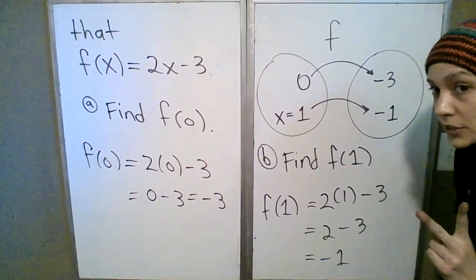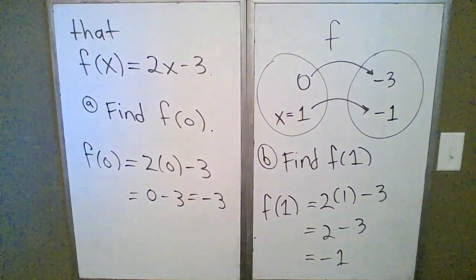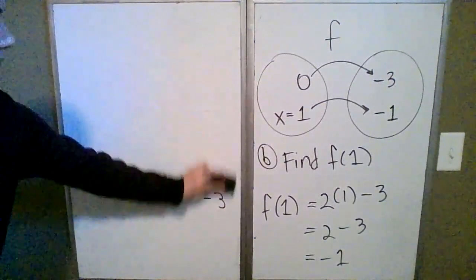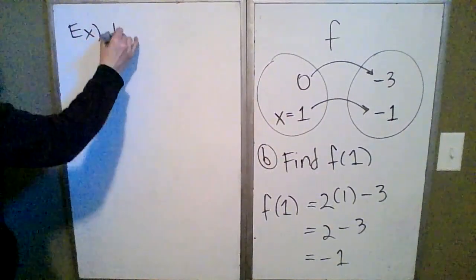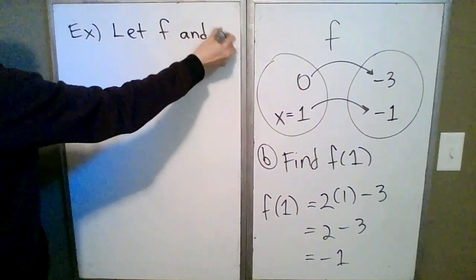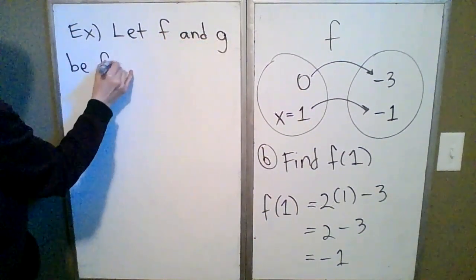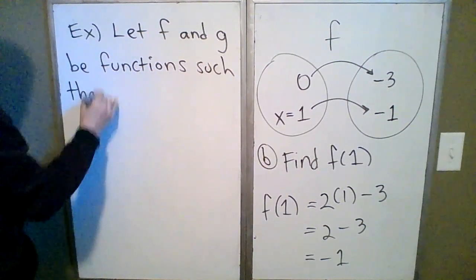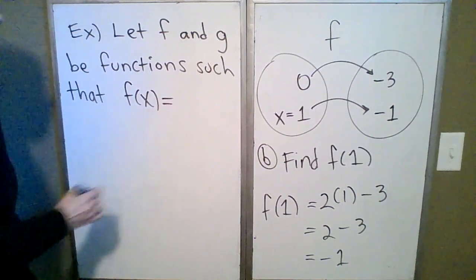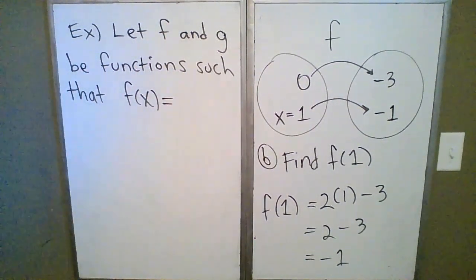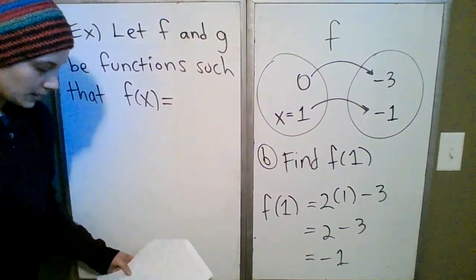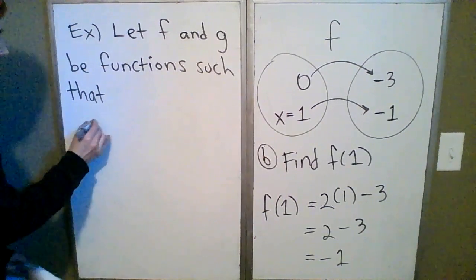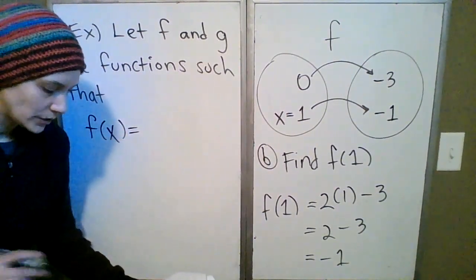Okay, next problem, we're going to have two functions, f and g. f of x is 2x squared plus x minus 1.